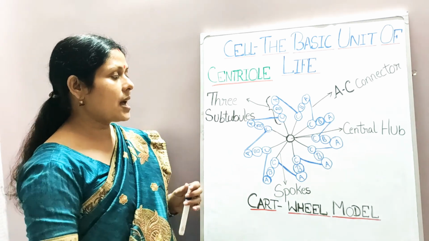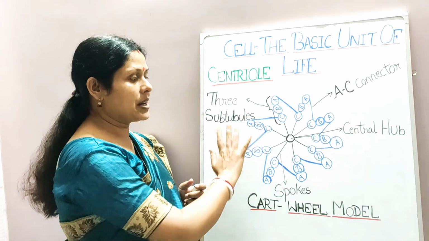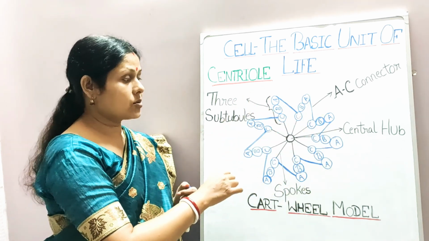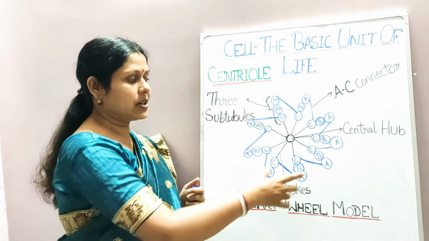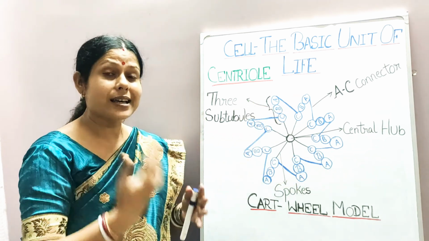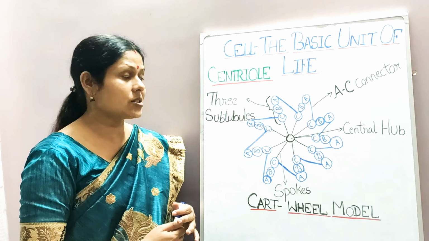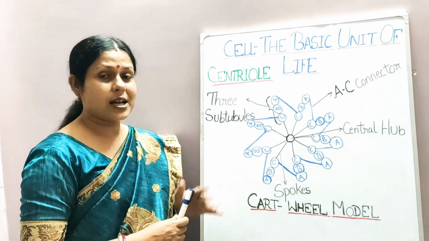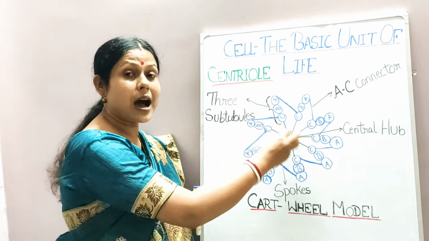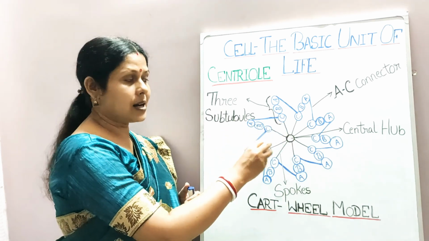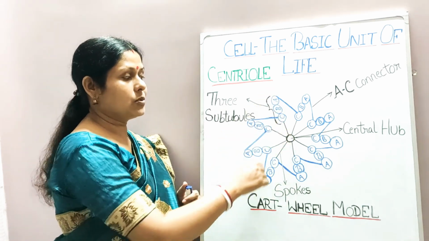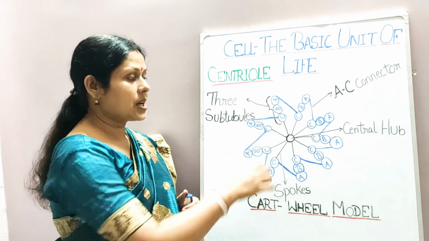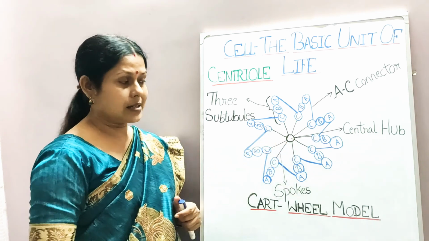Now the centriole has the 9 peripheral microtubules. Unlike what we have seen in case of flagella, having the 2 central tubules, they do not have central tubules, they have a central hub, and to this central hub, from each of these microtubules, 9 spokes, which are again made up of protein, come out and join with the central hub.